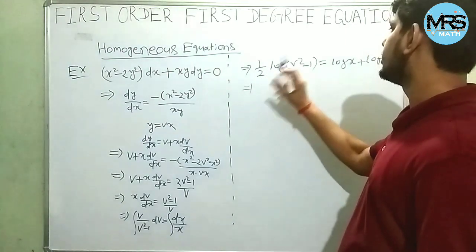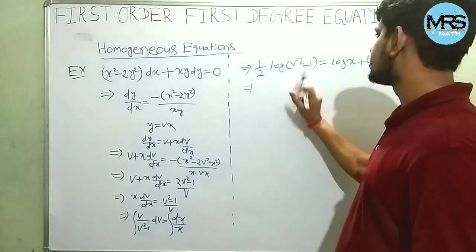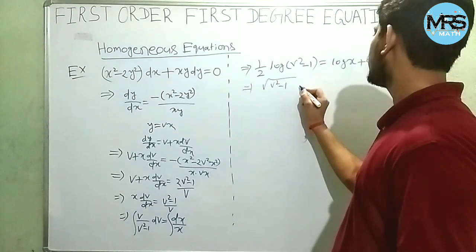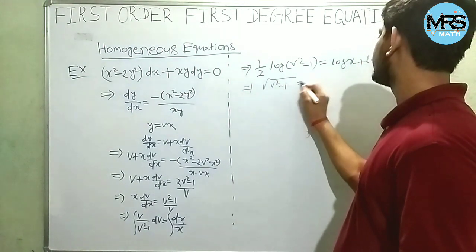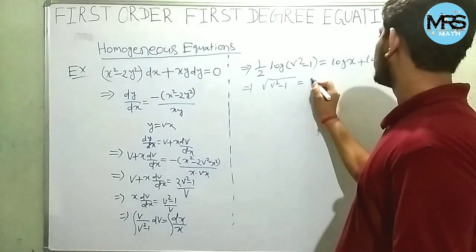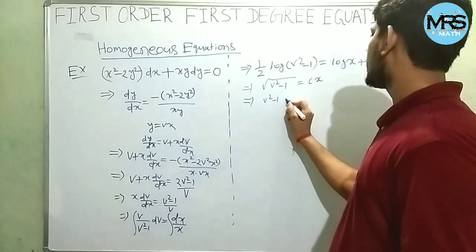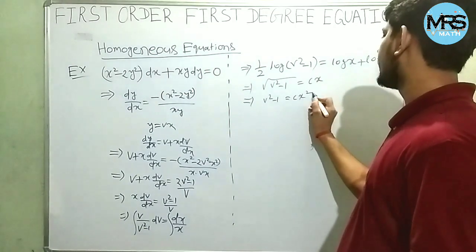So this 1 by 2 will go to the power of v square minus 1, that is root over of v square minus 1, right? So log on both sides will cancel, then it will be c of x, correct? So v square minus 1 will be c of x square.